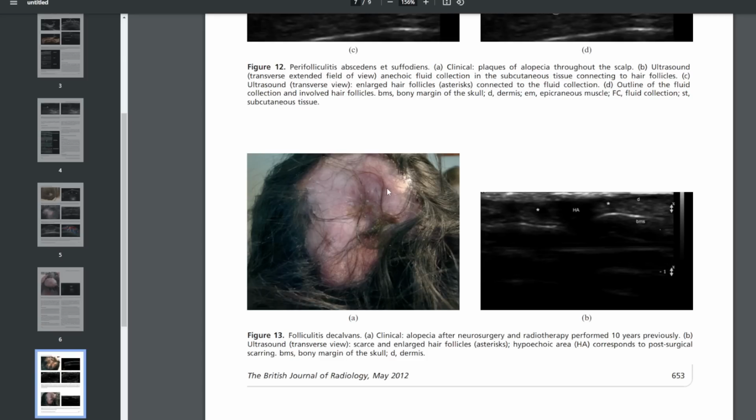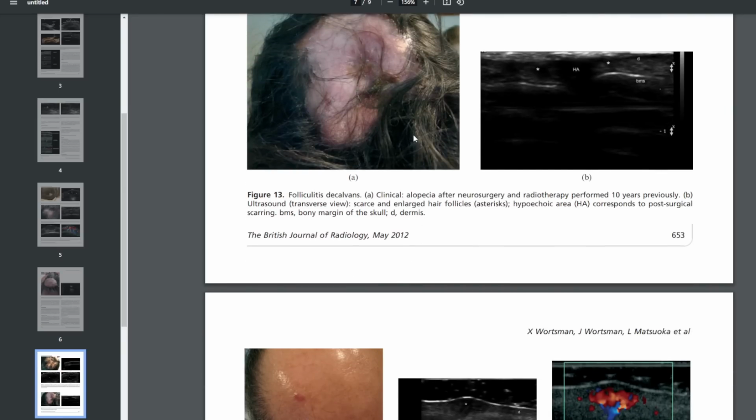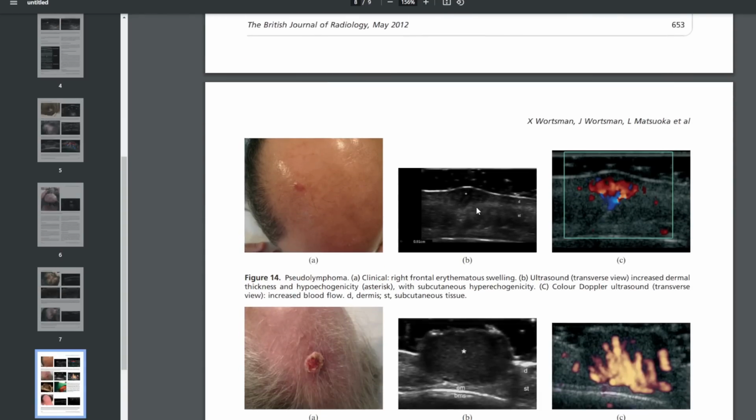Folliculitis, that is. But still, you can see that over here, again, this sort of black void is indicative of excess scar tissue. And you also have enlarged hair follicles as well, which is another sign of folliculitis.